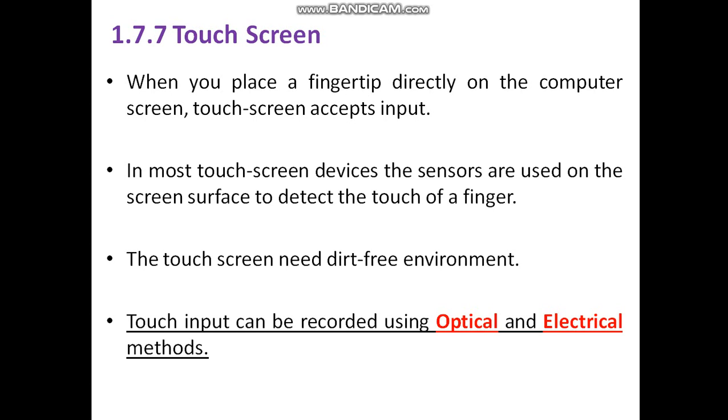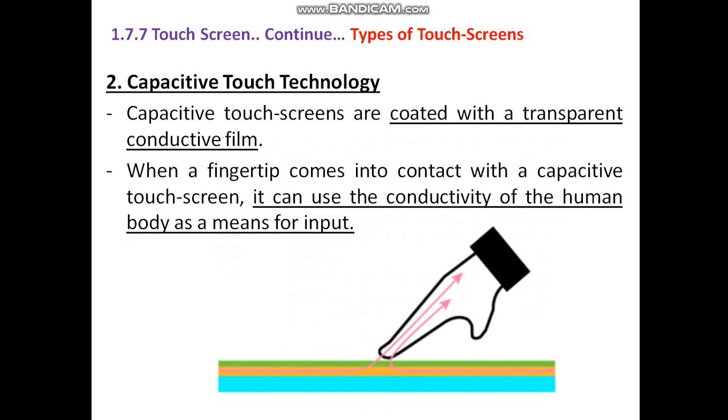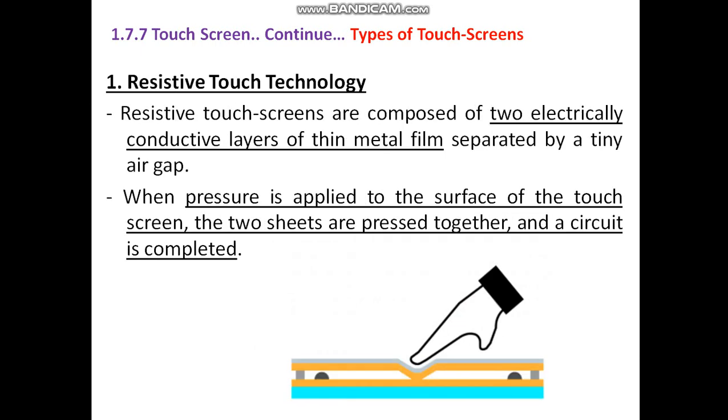Touch input can be recorded using optical and electrical methods. There are two types of touch technologies: the first is resistive, and the second is capacitive touch technology.